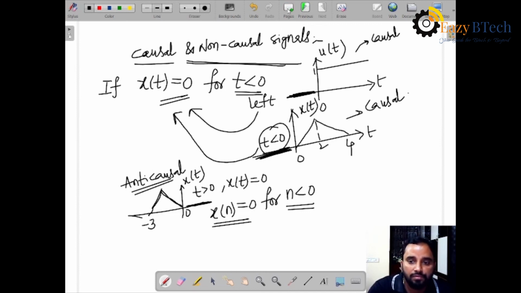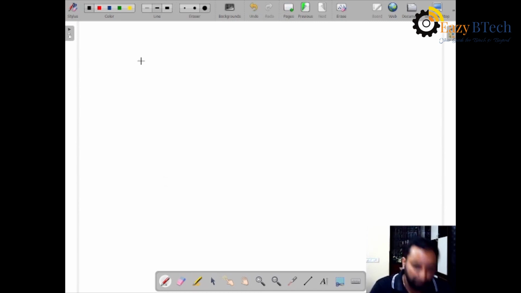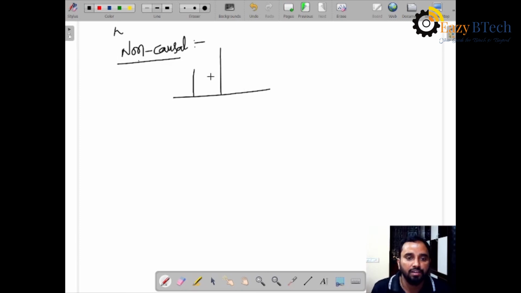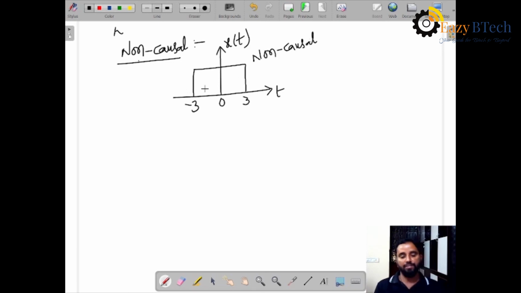Non-causal. What is meant by non-causal? For example, I am taking a continuous time signal. This is the non-causal signal. It is available on both sides, left side and right side, from -3 to +3. The signal is defined on both sides, left and right. That is non-causal.